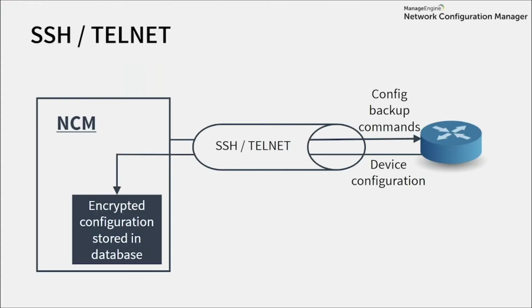So when you use the SSH or Telnet protocol for a configuration backup, a communication channel is established using SSH or Telnet, and the configuration backup commands are sent through this channel from NCM to the device, and the device responds by sending the device configuration back through the same channel to NCM, where it is encrypted and stored in the database.